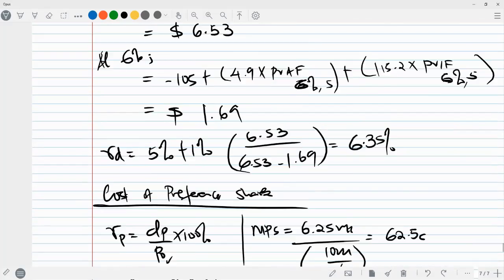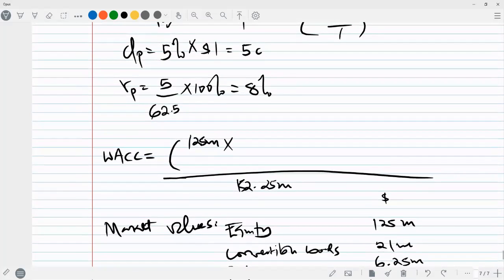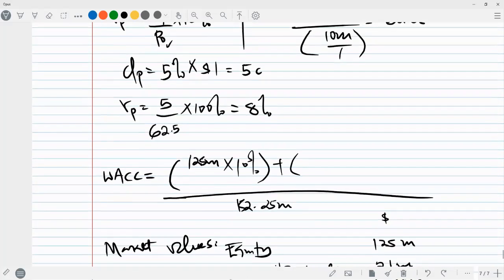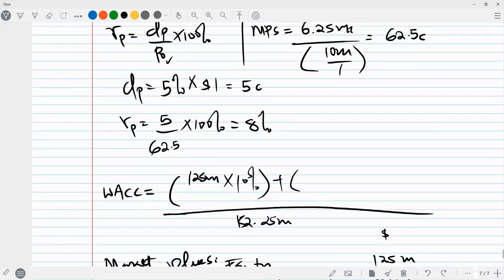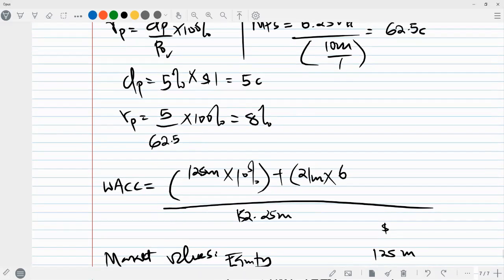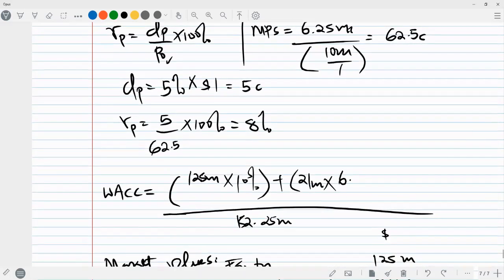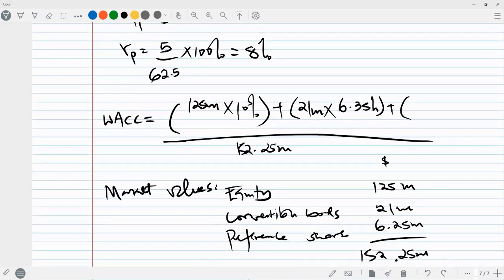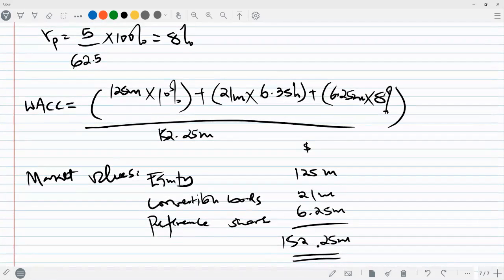Plus the weight of convertible bonds, which is 21 million, times the cost of the bonds, which we got as 6.35%, plus the weight of preference shares, which is 6.25 million, times the cost of preference share, which is 8%. Therefore, what's the weighted average cost of capital?